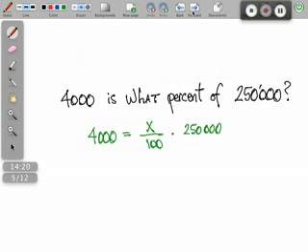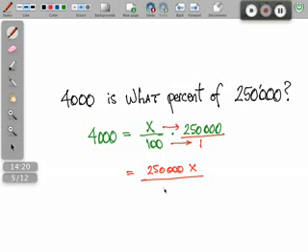For the third one, we have 250,000 here. I'm going to divide that by 1, and then I can multiply my tops and my bottoms. So I get 250,000x divided by 100 equals 4,000. And you know what I'm going to do with 4,000?